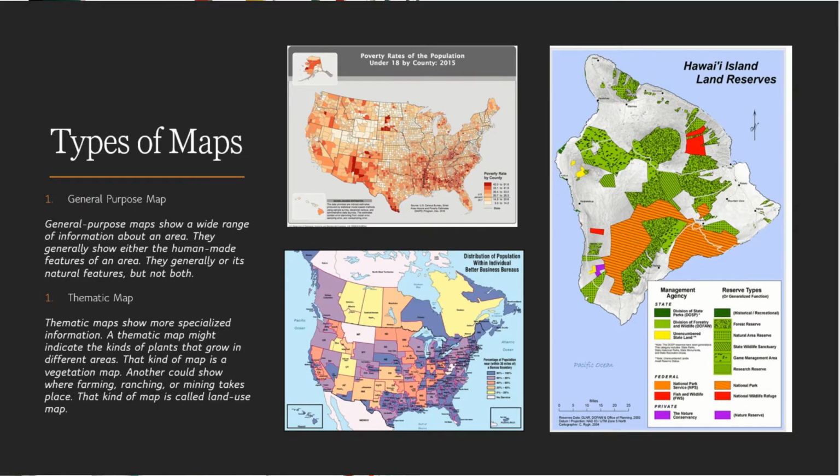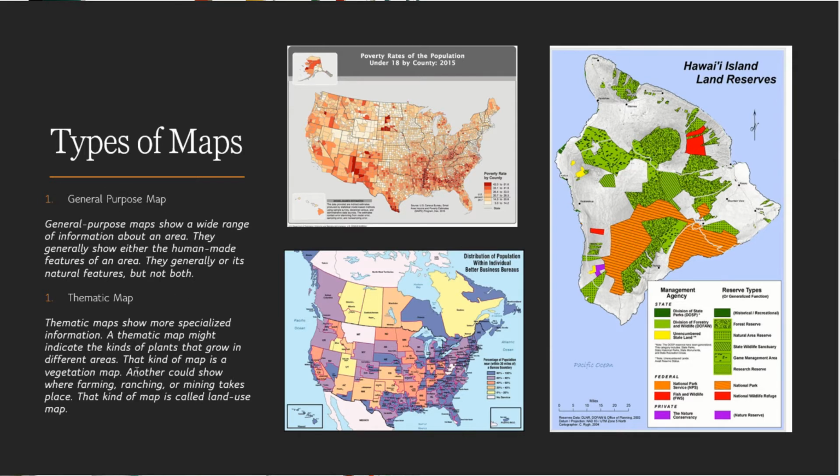This is a type of the general purpose map. Now regarding the natural features, like the landforms, rivers, and other natural features like a forest and all these things, but they cannot represent both. So this is the general purpose type map.